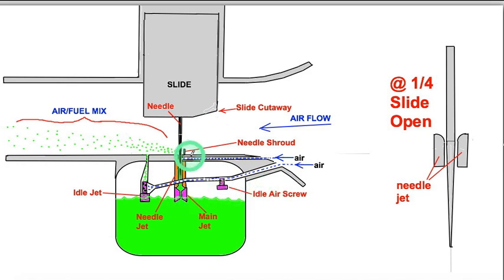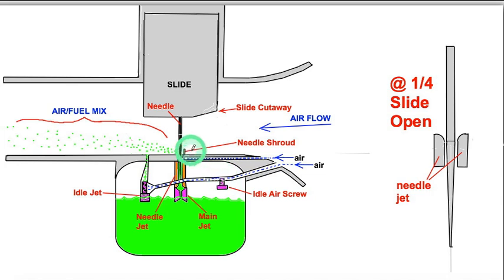Yeah, we've got these two flow restrictions, the one at the needle and one at the main jet, and they basically add together. So the needle shroud, most people don't even know what it is, but it is your greatest tool for mid-throttle jetting.